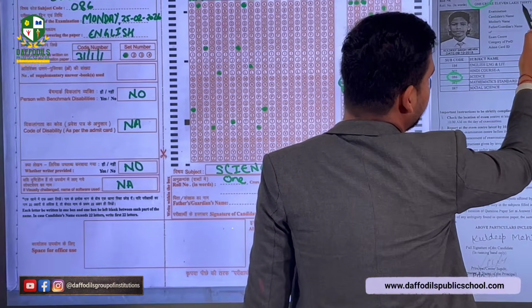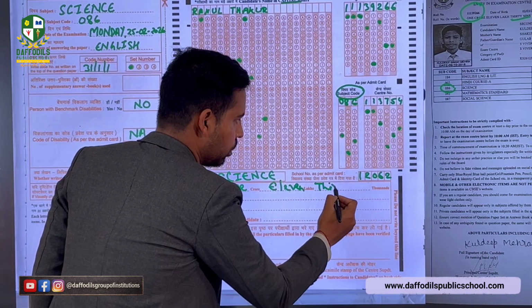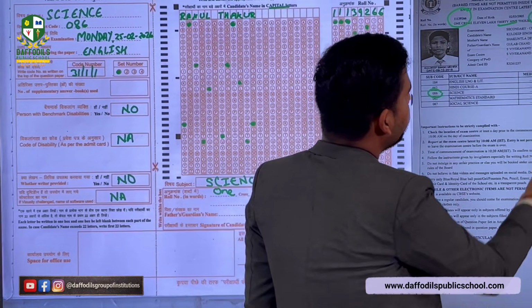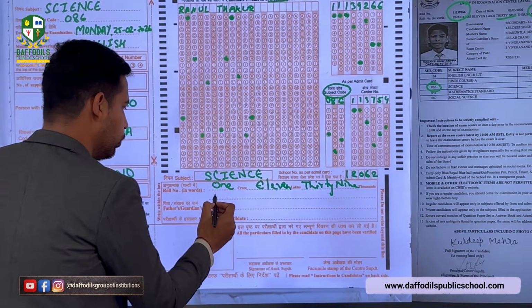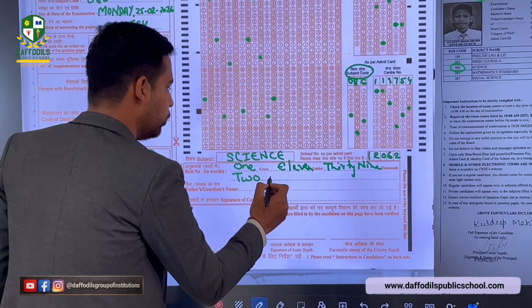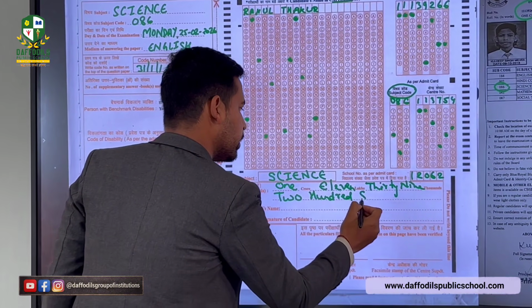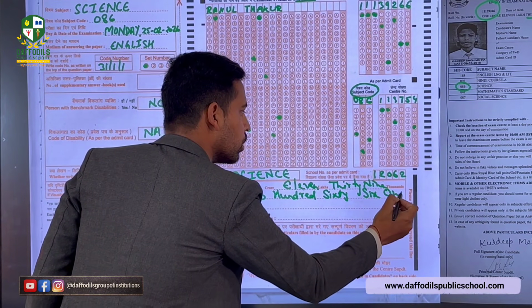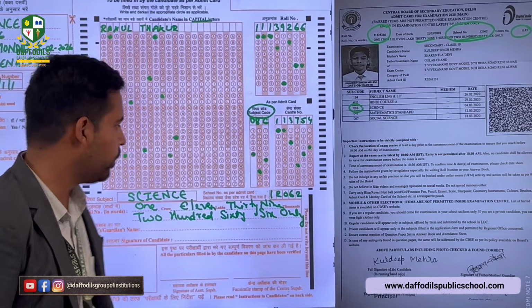Thousand is already mentioned here, so I have to fill only 39. And after that, if you observe here, 266 only. So whatever you are writing, you have to check against your admit card. Then after that, you have to fill here.